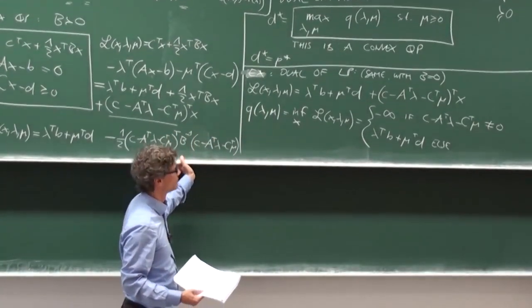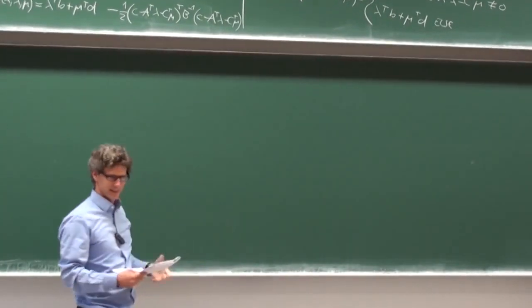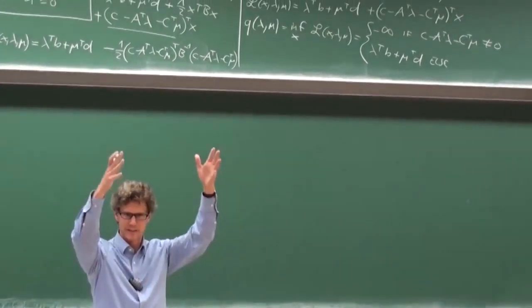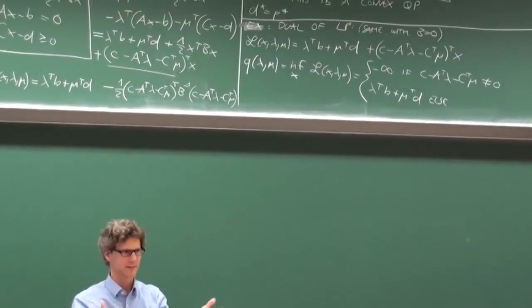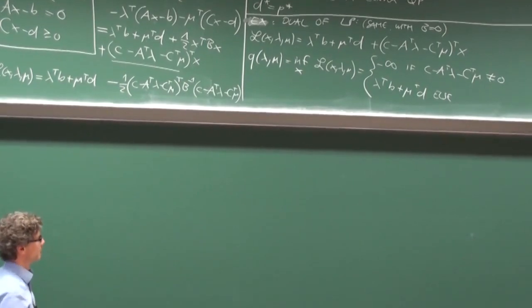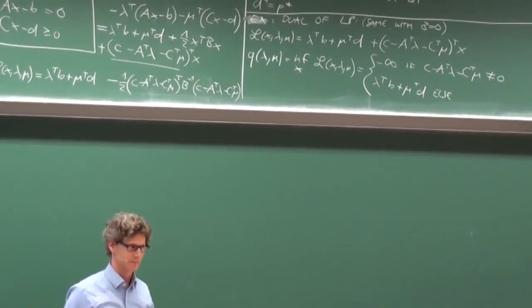So what will be our dual problem? It will be something where we maximize. Like plus infinity means infeasible for a minimization problem. You remember this epigraph formulation, yeah? Plus infinity is basically infeasible for a minimization problem. Minus infinity means infeasible for a maximization problem.